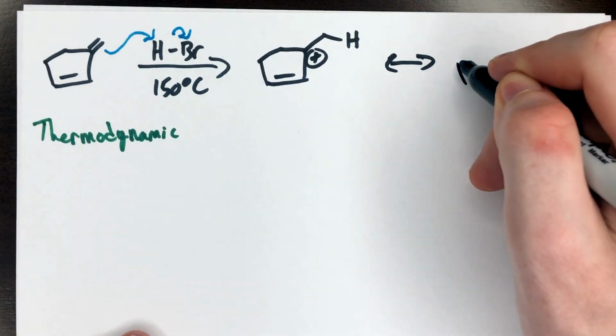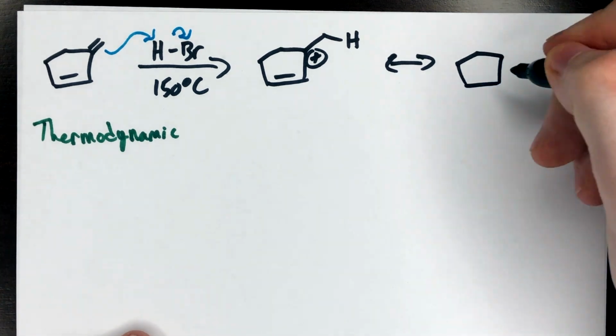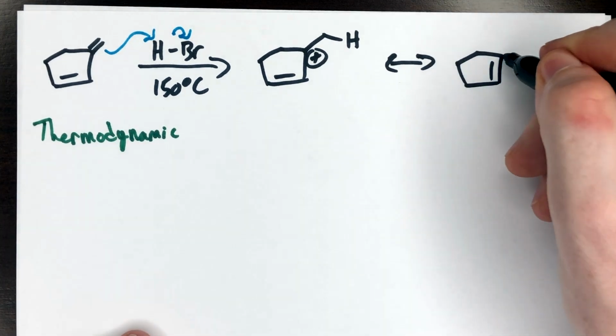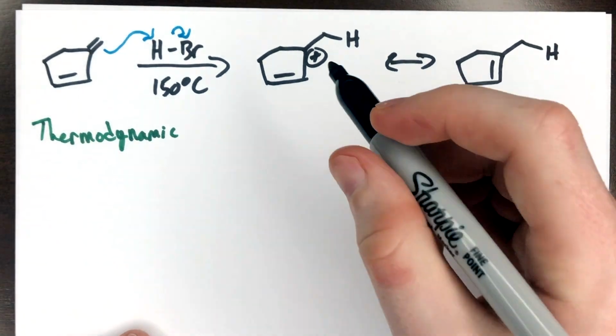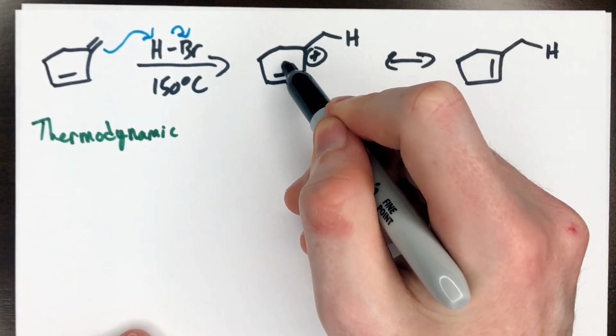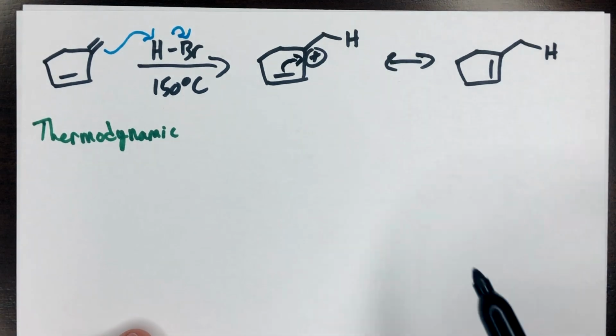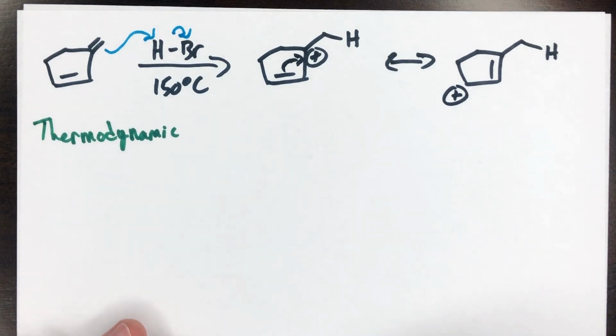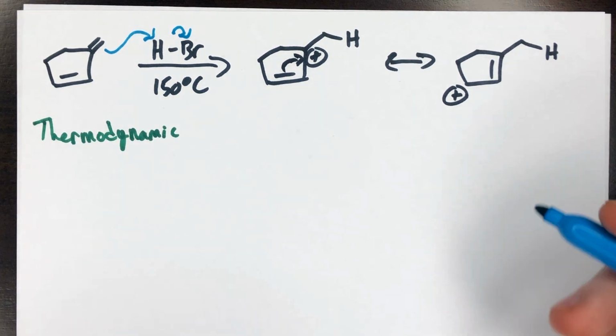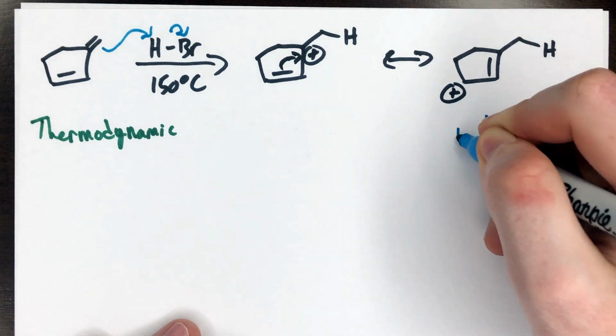On second thought, I'm actually going to show the resonance arrow, to try to avoid confusion there. But if this were to move like that, it would put the carbocation at this position. So that is one possibility. And the bromine can attack now here.